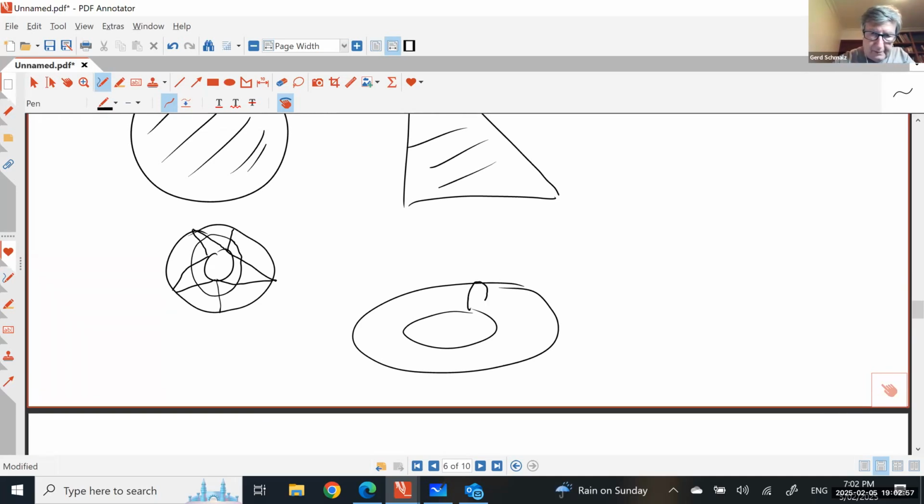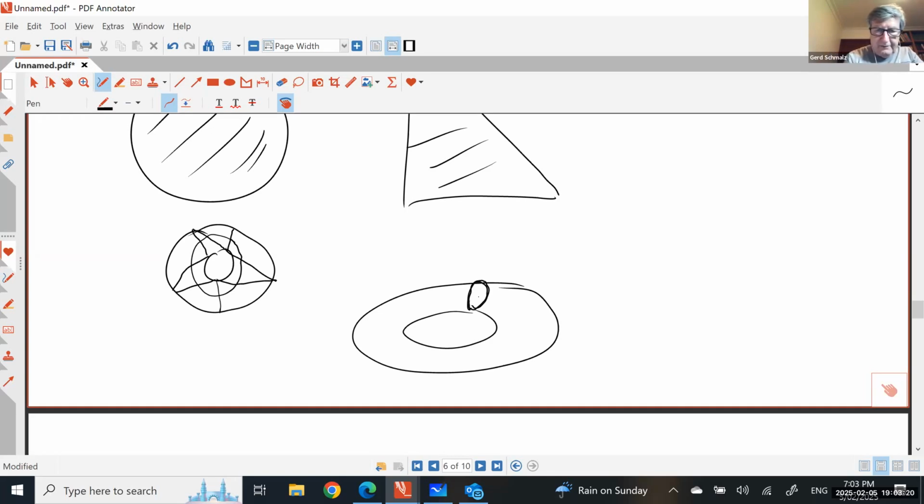And then we have some cycles which go this way around the donut. And this is a cycle, but not a boundary, because we cannot fill it with some triangle or disk by staying on the surface of the donut.